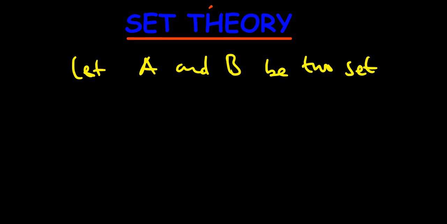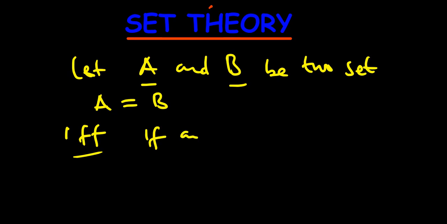If we say that these two sets a and b are equal, we say a is equal to b if and only if. When you see this, it stands for if and only if. They would write it like that, or they would write the full statement if and only if. An if and only if statement means that it is true going this way, and the opposite as well going that way.